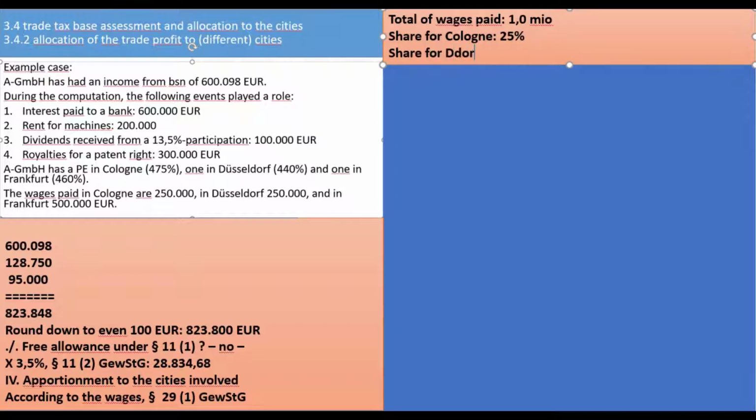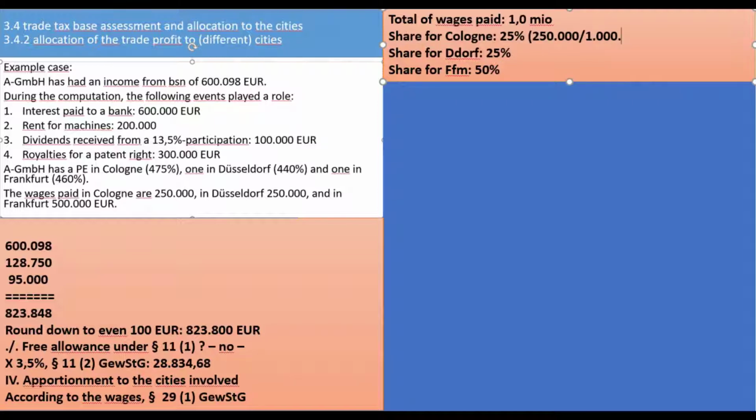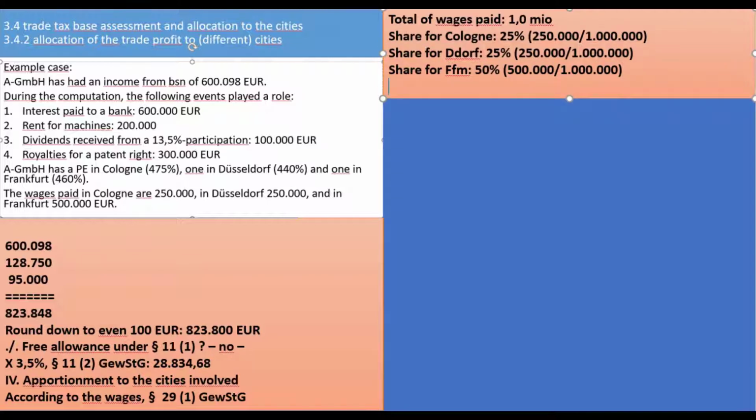Share for Düsseldorf, 25%. Share for Frankfurt Main, 50%. Because that is 250,000 out of 1 million, and this is 250,000 out of 1 million, and this is 500,000 out of 1 million. We do not have a problem with the fictitious wage for the owner, because this is a GmbH. There an owner would get a real salary.